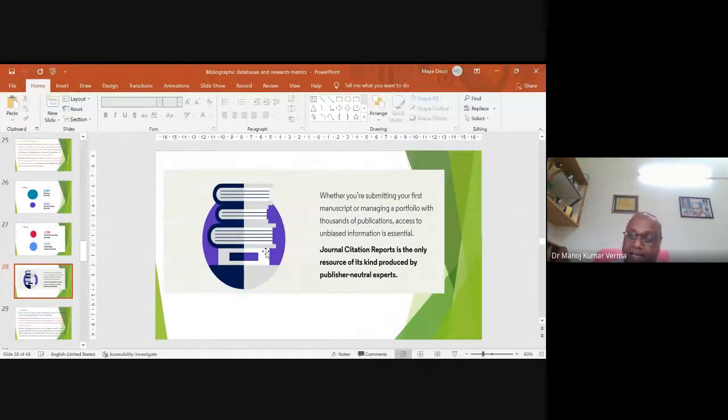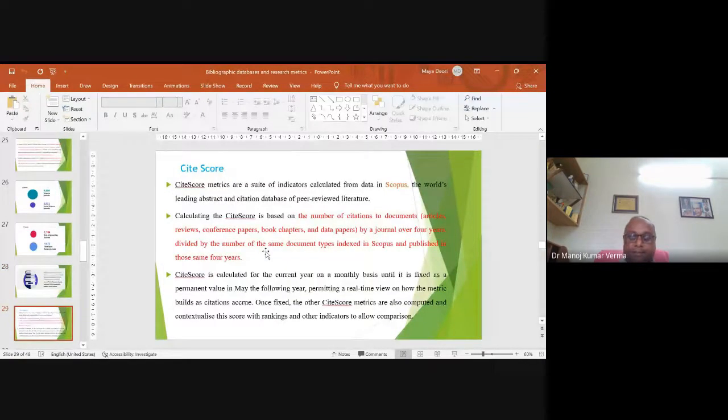The Journal Citation Report is the only resource of its kind produced by a publisher-neutral expert. On the basis of their impact factor, the journals are ranked.